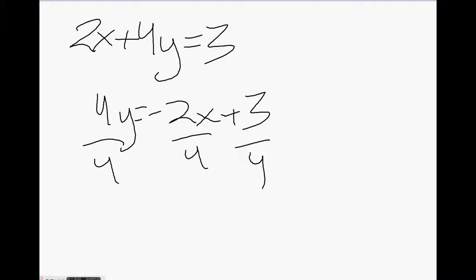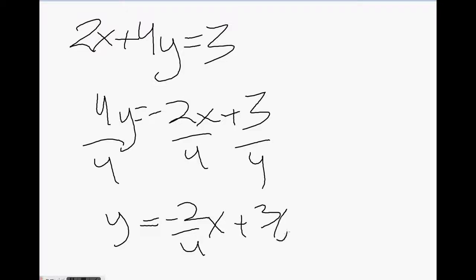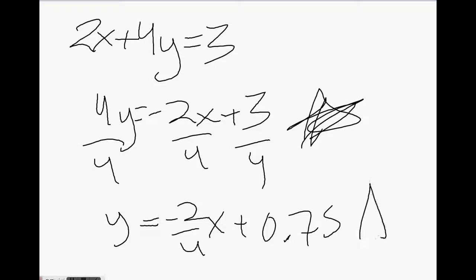And then you'll be left with y equals negative 2 over 4x plus 3 over 4, or 0.75. You can do it this way, whatever you prefer.